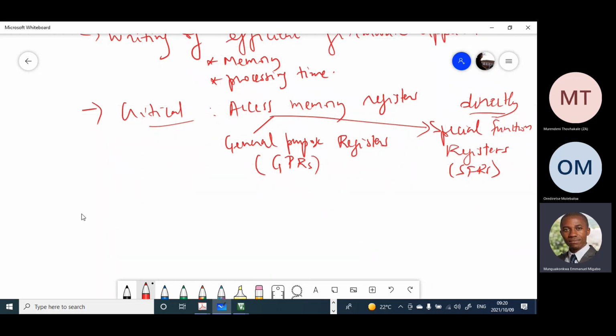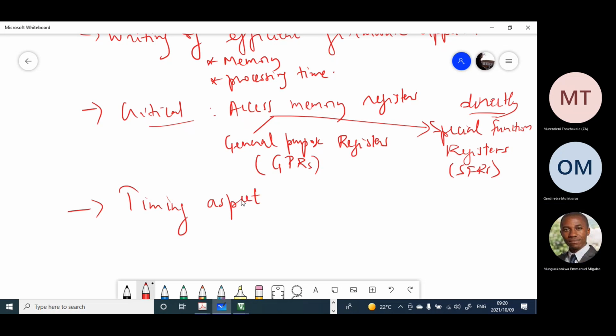Added to this is the timing aspect. The timing aspect of the microcontroller or of the computer system is very critical, and you only know that through knowing the architecture of the clock system of the microcontroller or of the computer.